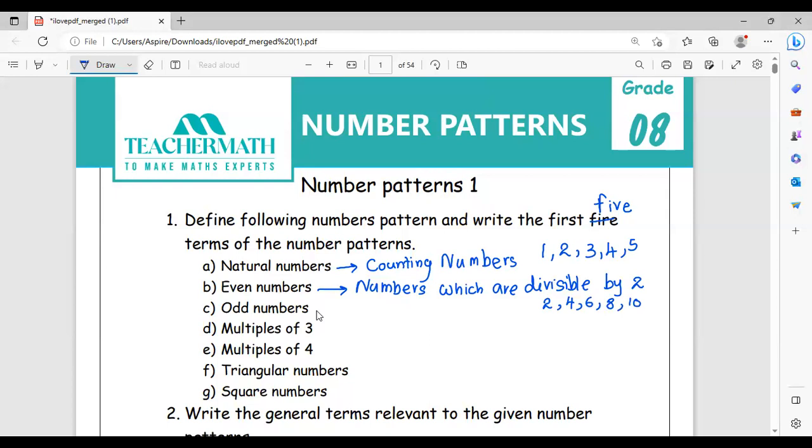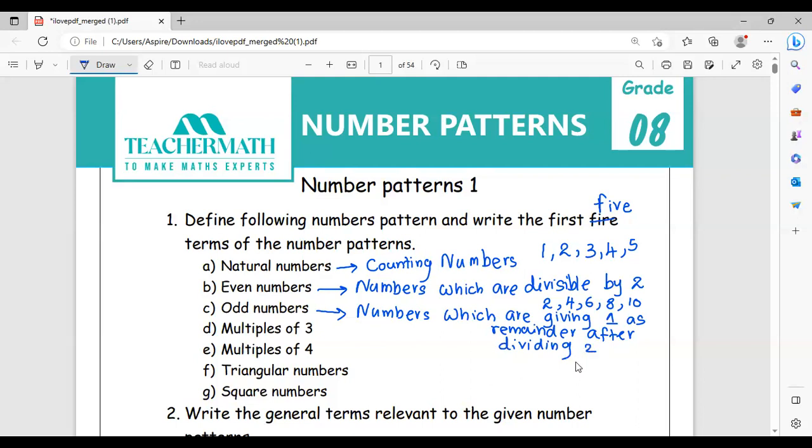Odd numbers. They are numbers which are not divisible by 2. Okay, we can say numbers which are giving 1 as the remainder after dividing by 2. දෙකෙන් බෙදුනට පස්සේ එකක් ඉතුරු වෙන සංඛ්‍යා නේද?